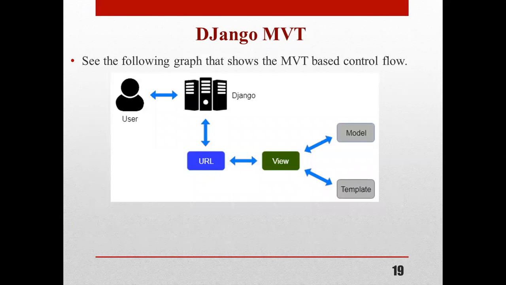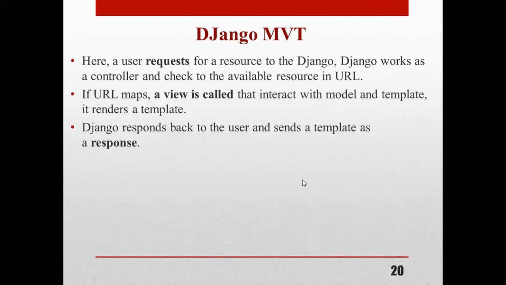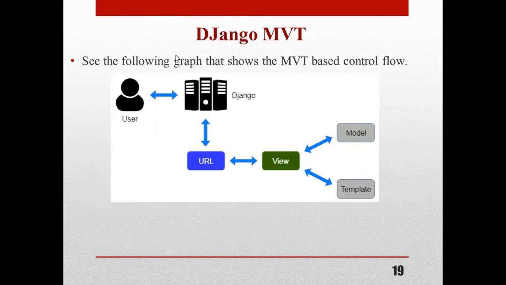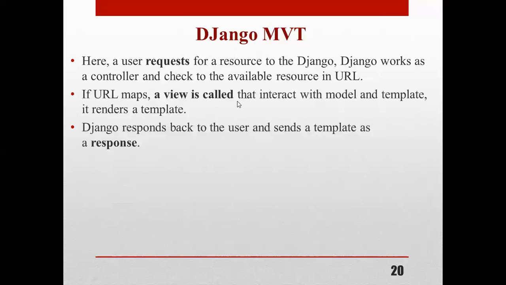Here you can see the graph of Django MVT. Here you can see the user, then the Django controller, then the URL, view, model, and the template. Here you can see the user sends a request for a resource to the Django controller.